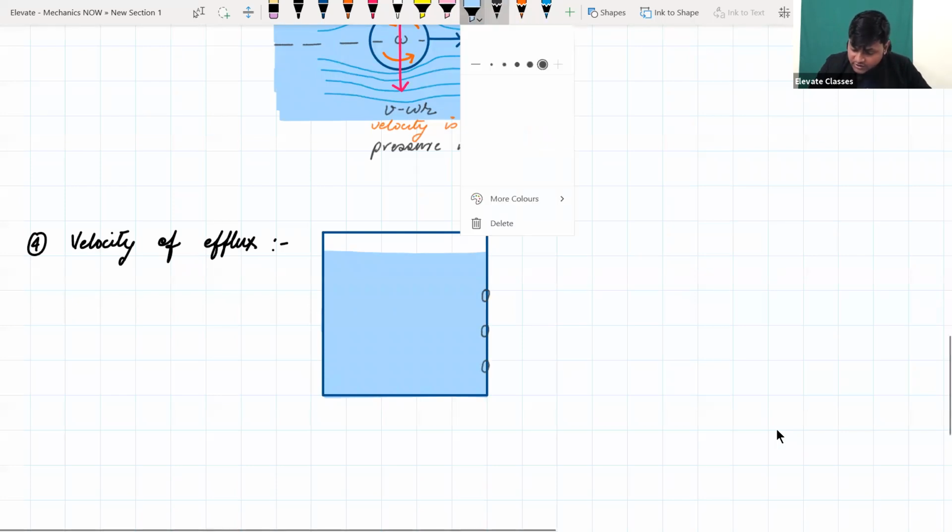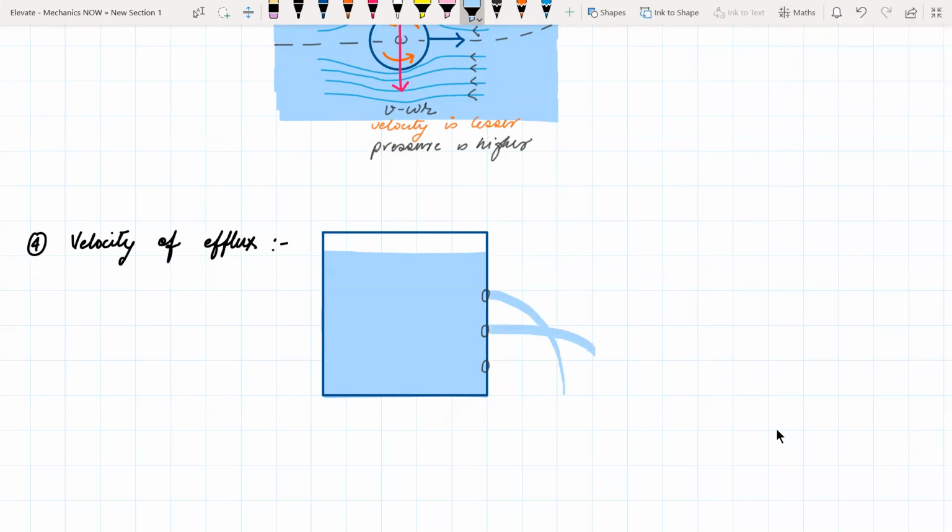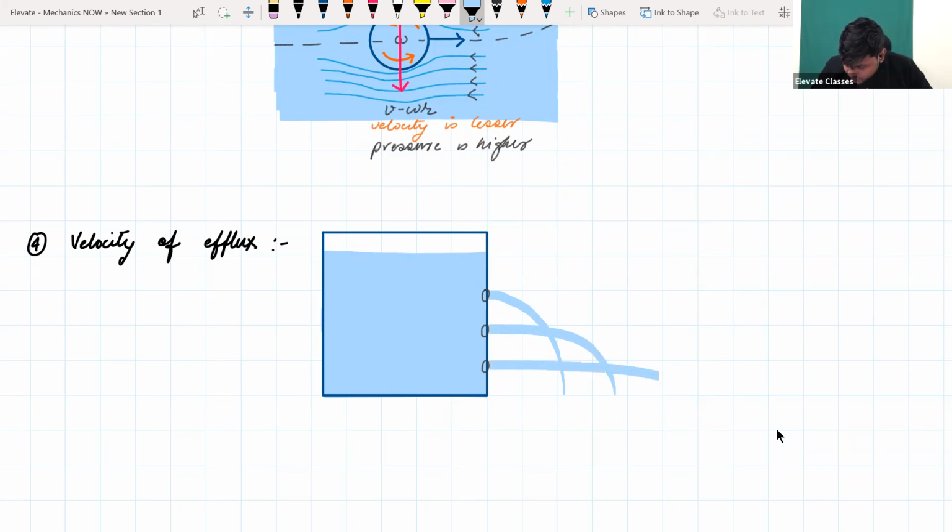So this is associated with some kind of a motion like this. This is associated with some kind of a motion like this. This is associated with some kind of a motion like this. Okay, so यहाँ पे जो है, you have a particular v, particular v, particular v.